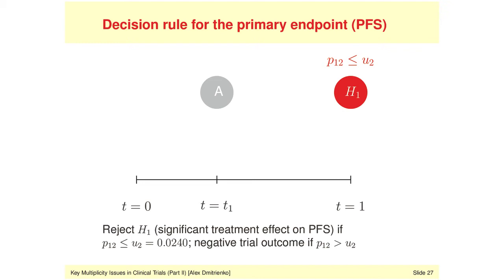The corresponding adjusted significance level is denoted by U2. It's equal to 0.024, and if the PFS p-value is less than or equal to this predefined significance level, we can claim a significant treatment effect on PFS, and if this is not the case, we're going to have to conclude a negative trial outcome.